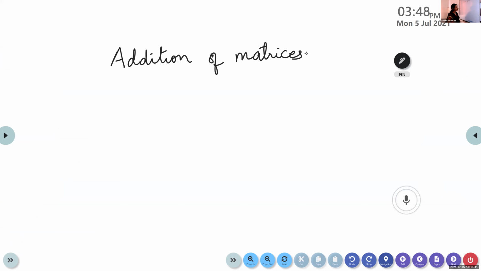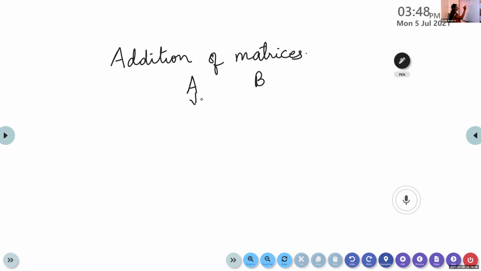Suppose we want to add two matrices. Suppose A is a matrix and B is another matrix. We can add two matrices if their orders are the same. Is it clear? We can add two matrices only if their orders are the same.